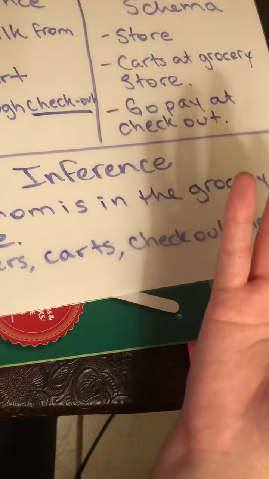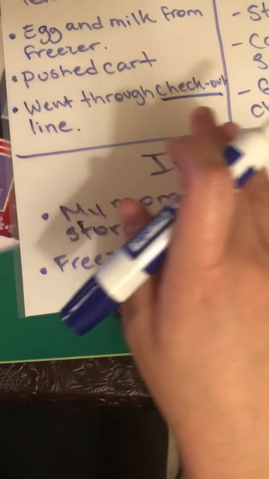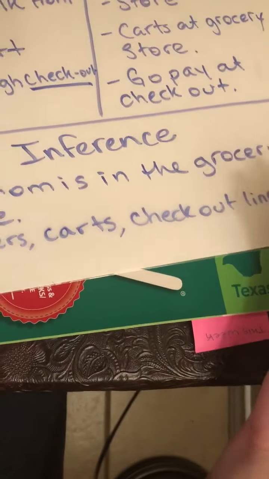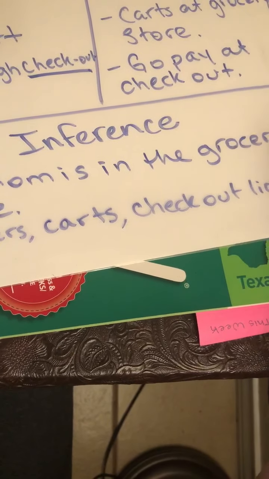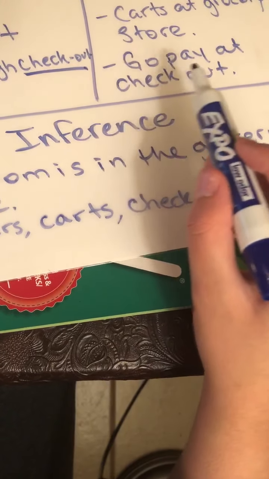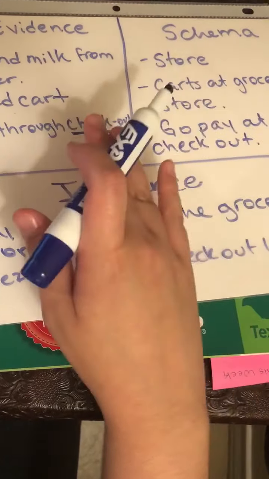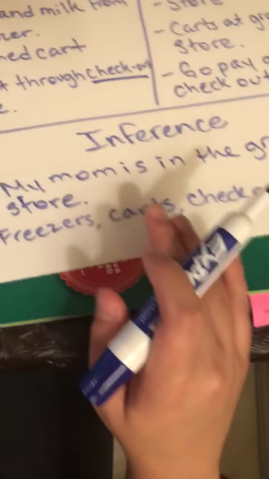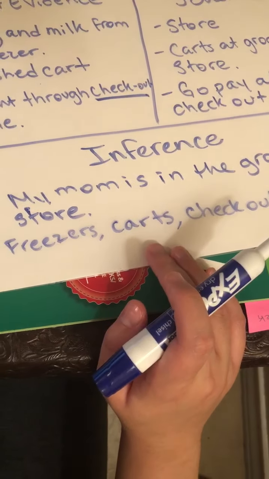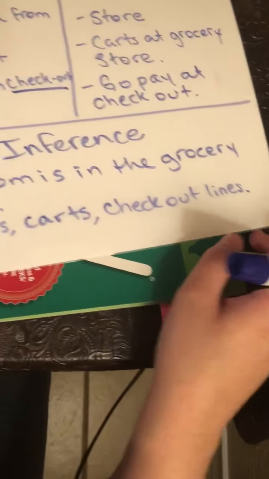Usually when you go buy groceries, you have a little cart, right? And then she went through the checkout line. Well, where do you go to the checkout line? Why would you go through a checkout line? You go when you're gonna go pay for something, right? So I used all my text evidence and my schema to come up with my inference. Okay, and we inferred that she is in the grocery store.